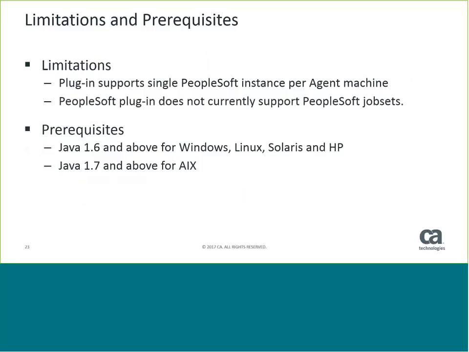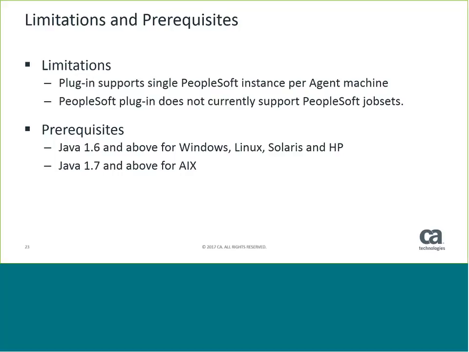The plugin supports a single PeopleSoft instance per agent, and there are some PeopleSoft job types the plugin doesn't currently support. The one mentioned here is the PeopleSoft job set. If you're running those with the PeopleSoft adapter, that same functionality is not available in the plugin.